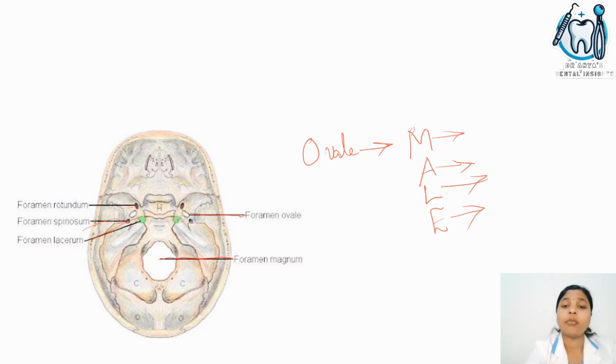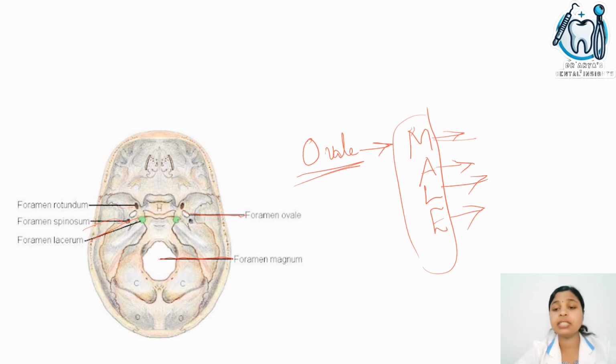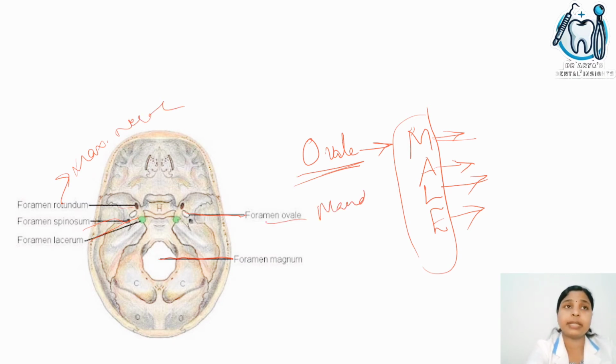That is the foramen ovale. The foramen rotundum transmits the maxillary nerve. So the foramen ovale is mainly the mandibular nerve.